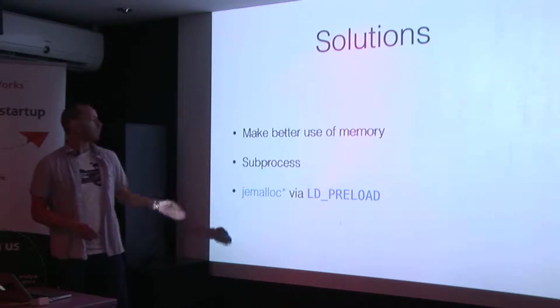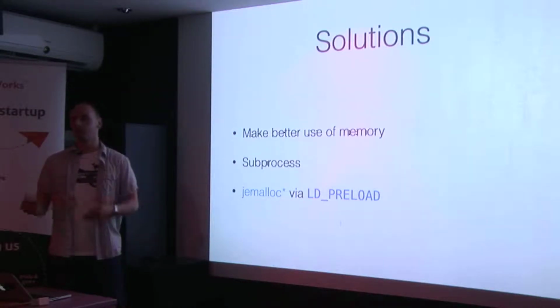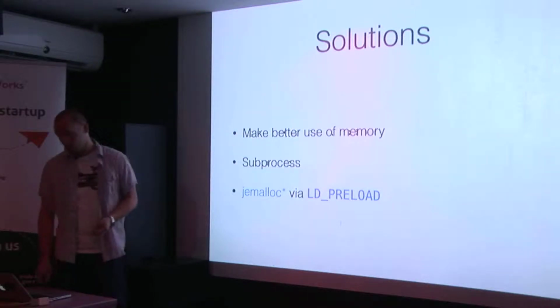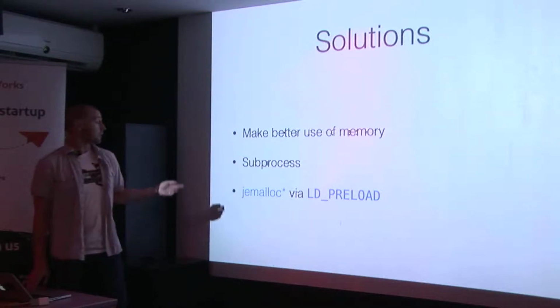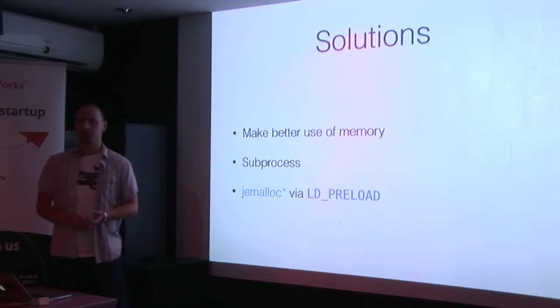So if you preload gmalloc before your Python, it will not use system malloc, and you will be happy because this implementation is much more sophisticated than Ubuntu stock glibc malloc.